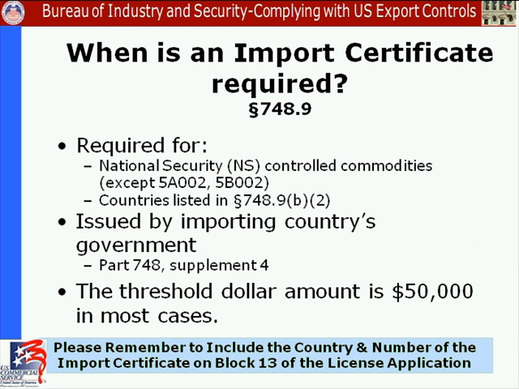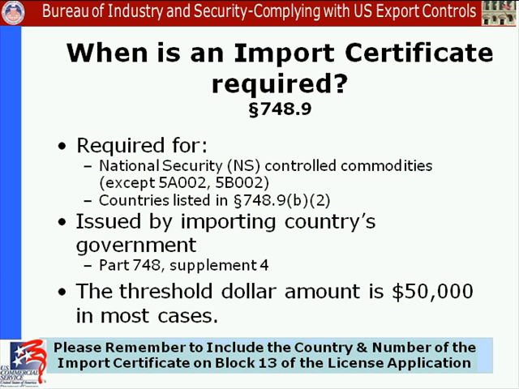So, when is the import certificate required? Well, again, the reason for control of the item in question has to be national security, again, excluding the encrypted items under 5A002 and 5B002. The country also must be listed in Part 748.9. That is one of the handouts you should have.